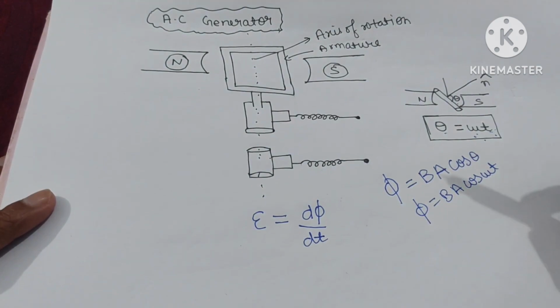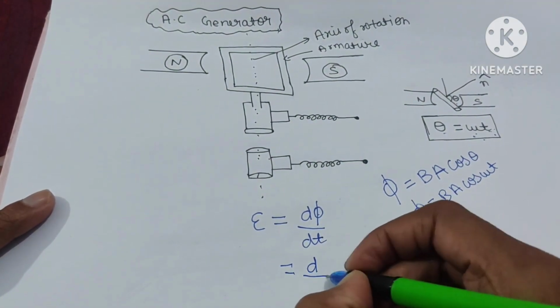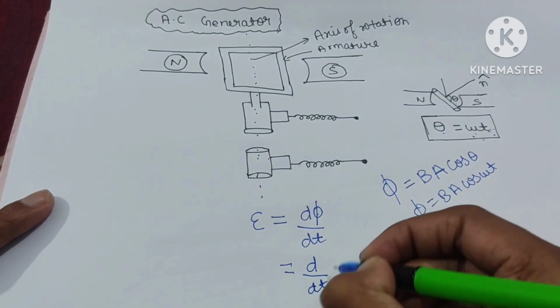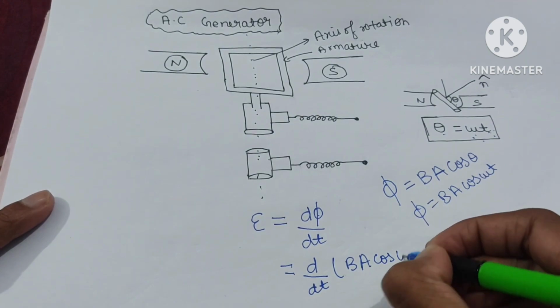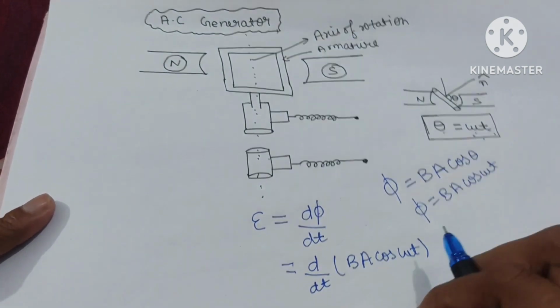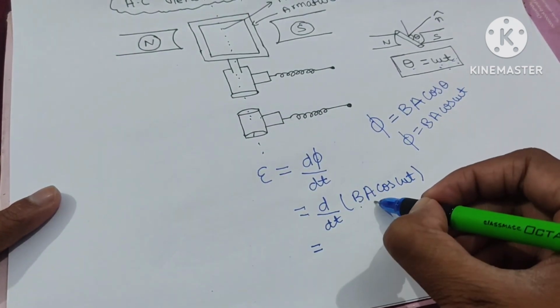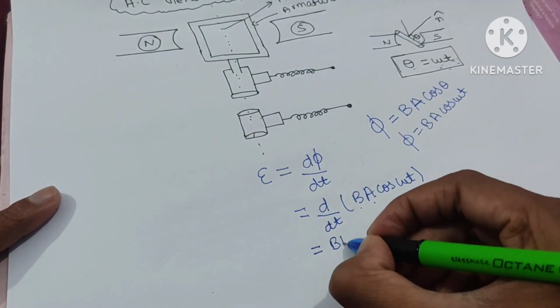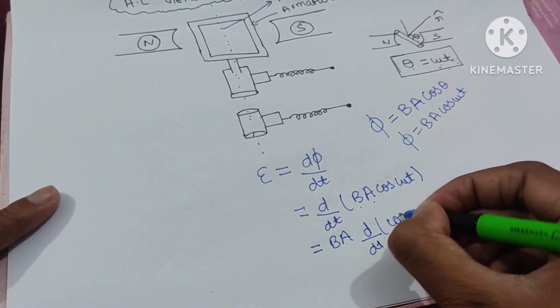Now put this flux here in that. So d phi by dt is equal to d by dt of B A cos omega t. Now you need to take out B and A from here as constants. So we need d by dt of cos omega t.